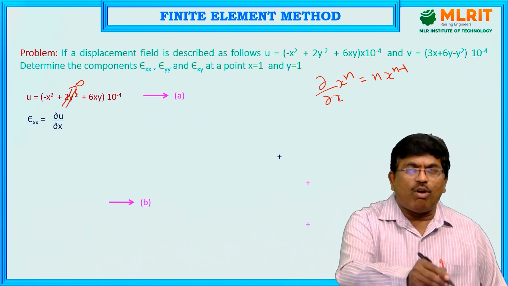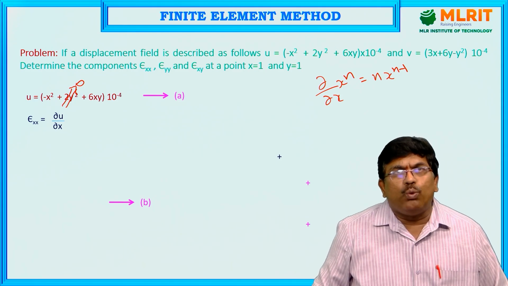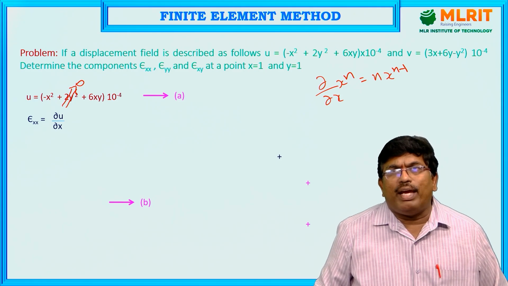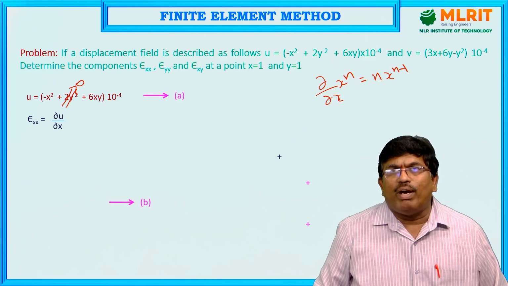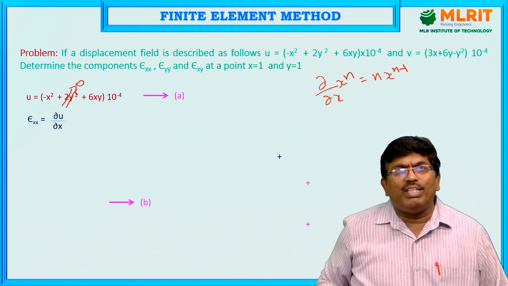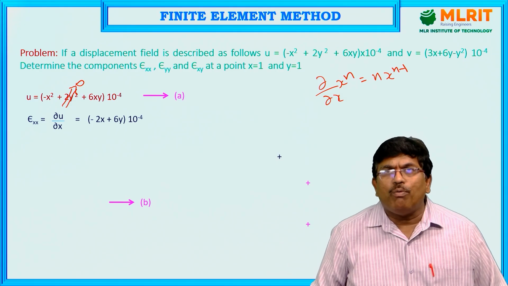The same thing you apply here, then minus x square becomes minus 2x, plus 6xy, if differentiated with respect to x, becomes 6y. So we will get minus 2x plus 6y, into 10 to the power of minus 4.